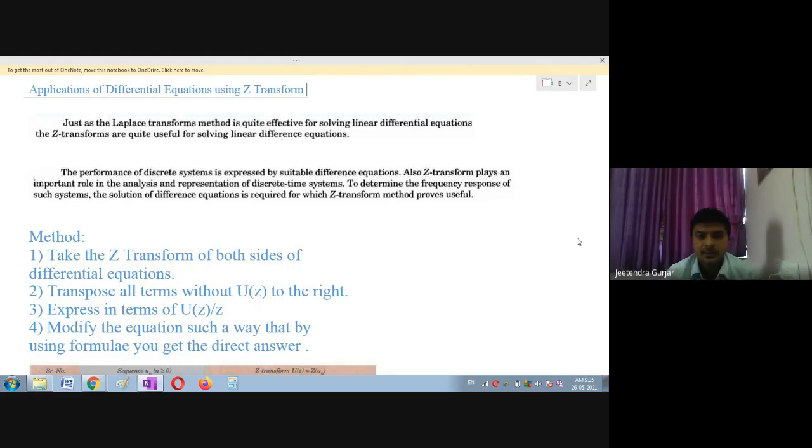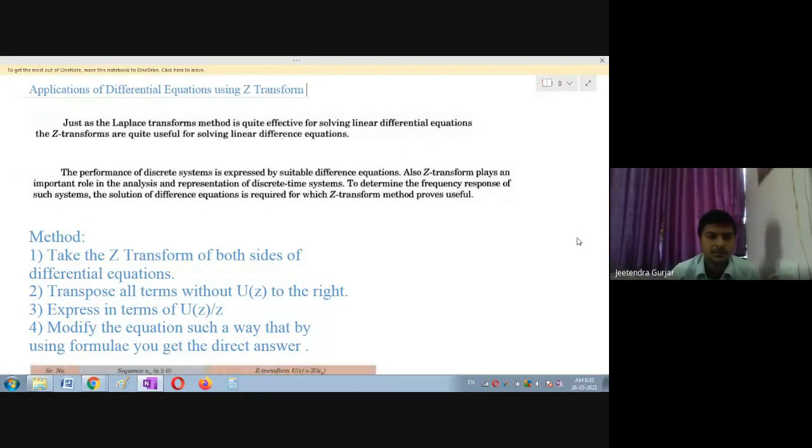There is a lot of meaning in why we are studying the applications of differential equations using Z transform. To determine the frequency response of such systems, the solutions of difference equations are required, for which the Z transform method proves useful. Yes, students, we will see how it is useful.